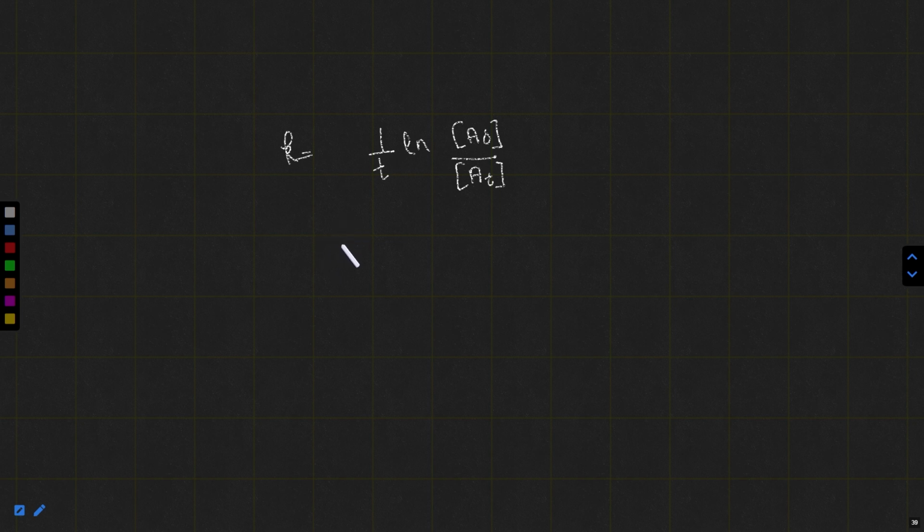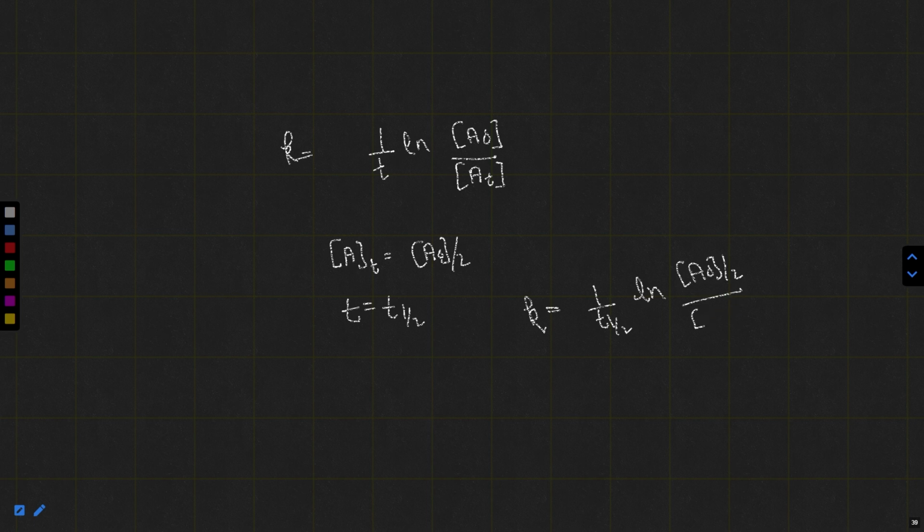Now if I write it for half-life, the concentration of A at time t for half-life would be A naught by 2, and t will be equals to t half. Therefore K can be written as 1 by t half ln A naught by A naught by 2.